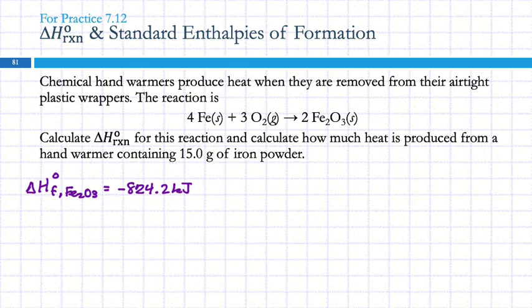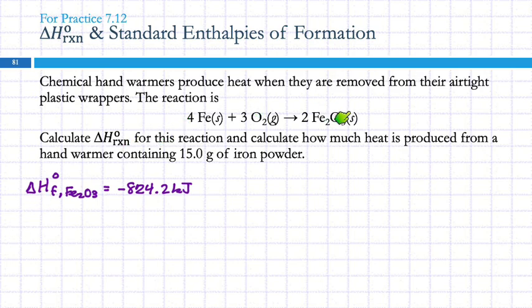So if we have a hand warmer that has 15 grams of iron powder in it, how much heat is it going to give off? Well, if we knew delta H for the reaction that's occurring, we could use that to calculate, but they didn't give us delta H. They're going to make us calculate it, right?